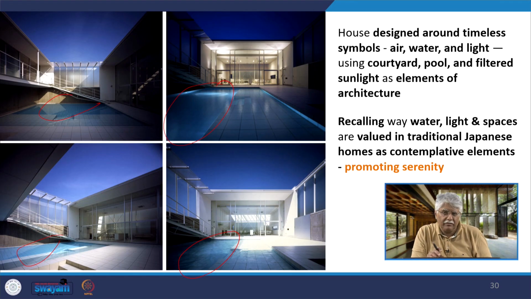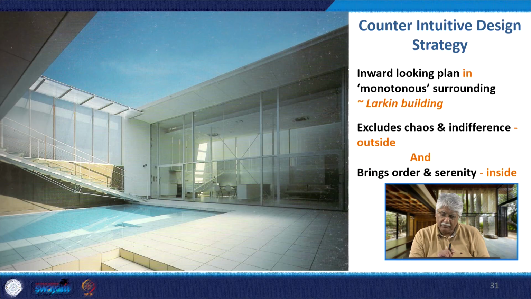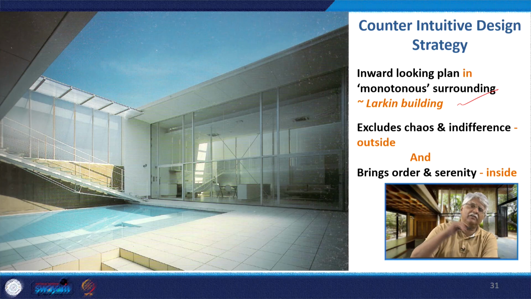So, this concept is evident in this house. This has got a counter-intuitive design strategy by making it this inward looking plan in a monotonous surrounding like the Larkin building, excluding the outside chaos and indifference and bringing in order and serenity towards the inside of the house.